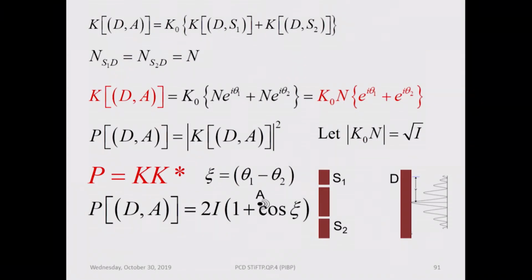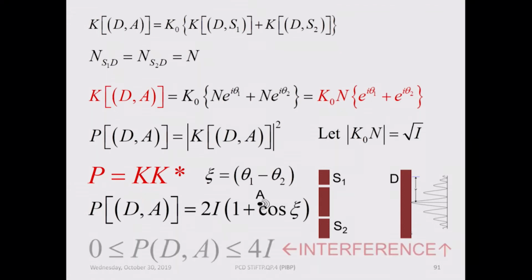Okay? And if you write this theta 1 minus theta 2 as xi, then this sum adds up to 2I times 1 plus cosine xi, where xi is the difference angle, theta 1 minus theta 2. Okay? So, this probability goes as 2I times 1 plus cosine xi, and cosine xi can go from minus 1 to plus 1.